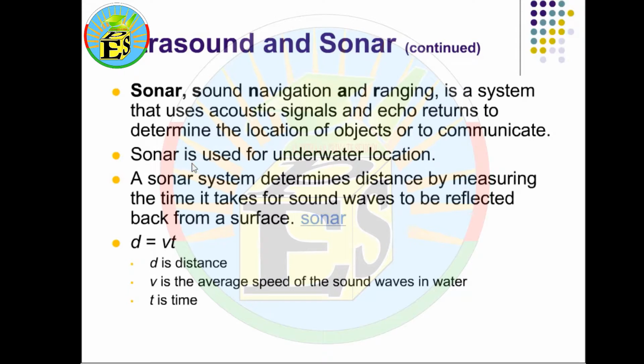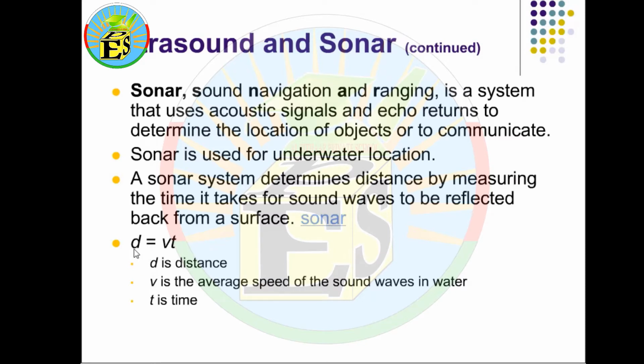Sonar is used for underwater location. A sonar system determines distance by measuring the time it takes for sound waves to be reflected back from the surface. When we know the speed of the sound and the time taken to travel there and back, I can determine the distance.